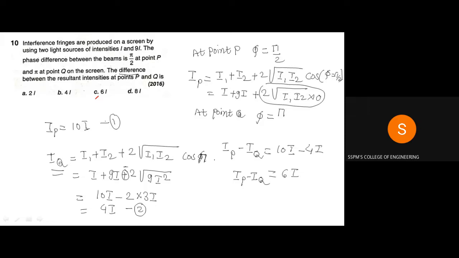IP minus IQ equals 6I. So this is the correct option, 6I.